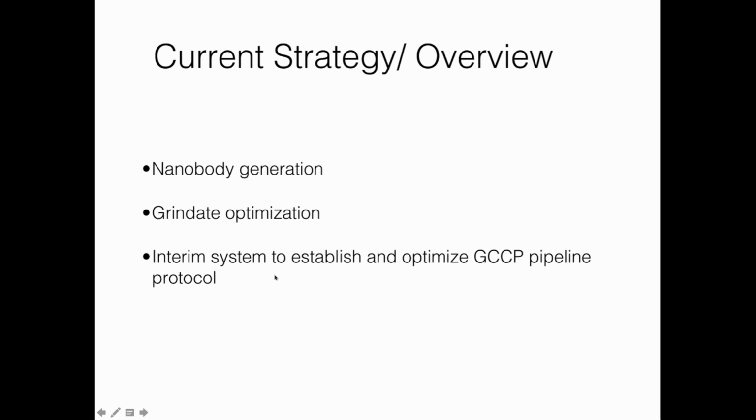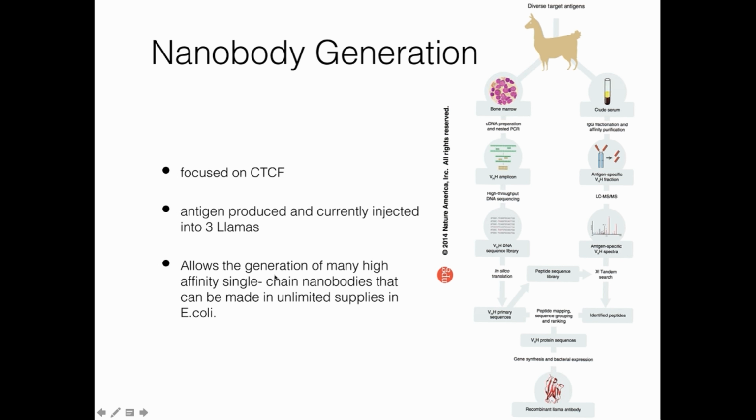So the nanobody generation, we don't have time to talk about that today. As I mentioned, we're focusing on CTCF. We've injected 3 llamas, so we're currently waiting for the purified antibodies, which will be probably in about 9 months' time. But what I want to stress here is that we can generate as many high-affinity single-chain nanobodies as we wish, and that we can make these in E. coli in unlimited supplies.